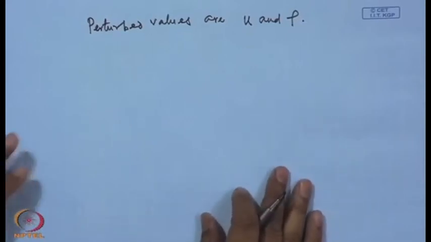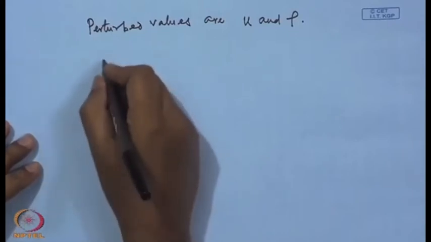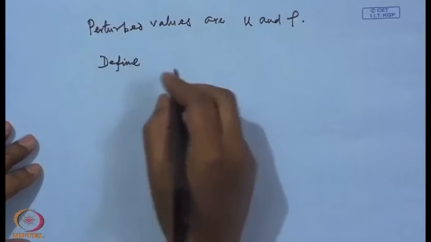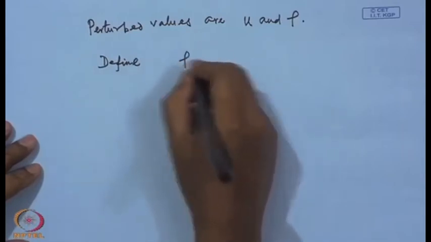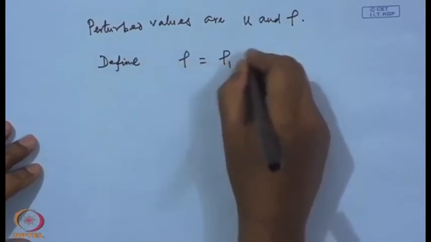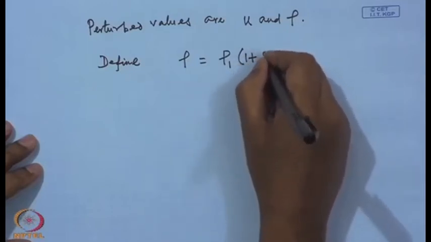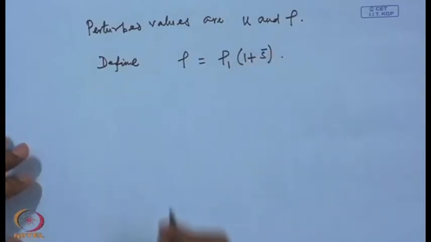Now, let us define rho to be rho 1 into 1 plus S bar.